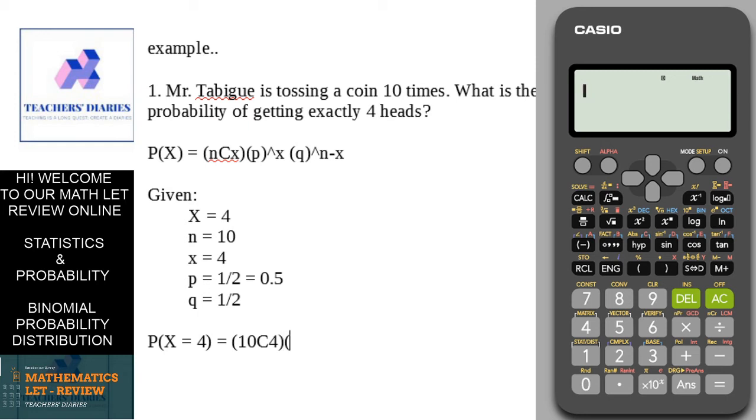Now we have small letter p, the probability of success, that will be 1/2, raised to the power of x, that will be 4. And then we have 1/2 again for the probability of failure, raised to the power of n minus x, that would be 10 minus 4.